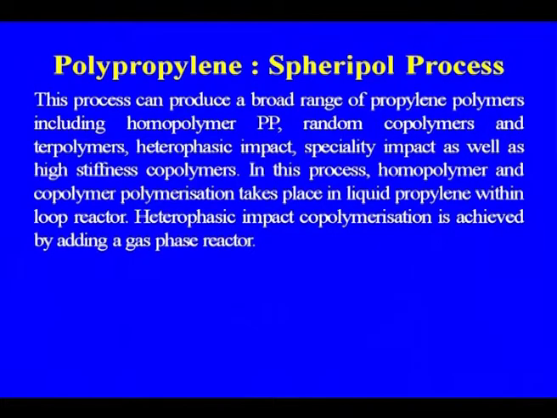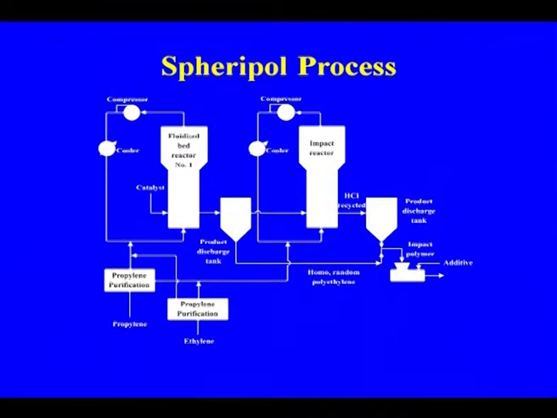In this process homopolymer and copolymer polymerization takes place in liquid propylene in a loop reactor. Heterophasic impact copolymerization is achieved by adding a gas phase reactor. This is the process in which you have the two stage reactor, and the final one is called the impact reactor, and finally we will be getting the polypropylene in the process.